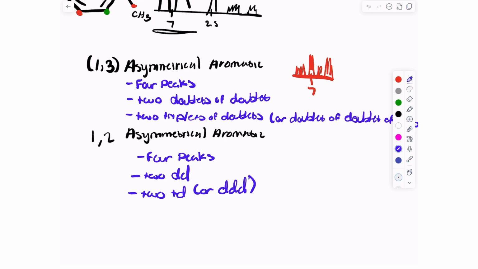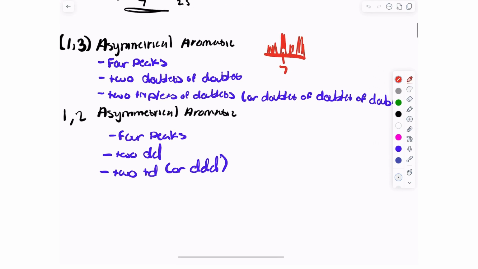And by the way, if you're wondering what a doublet of a doublet of a doublet even looks like, I can try to draw it out for you, but like I said, it's kind of hard to see that on an NMR. It would look like this. This is doublet, doublet, and a doublet, and a doublet.